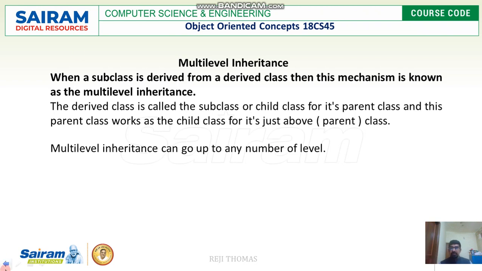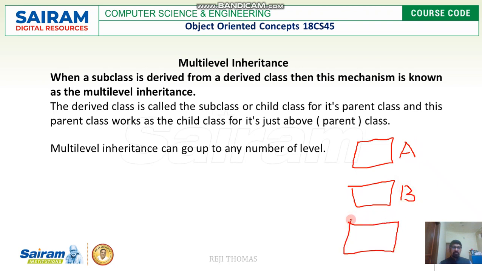Let me explain. Think that we have a class called A. So let me take it as class A, and I'll take one more class, let us say class B, and I'll take one more class called C. Now, class B extends class A. So when I do this, what happened?